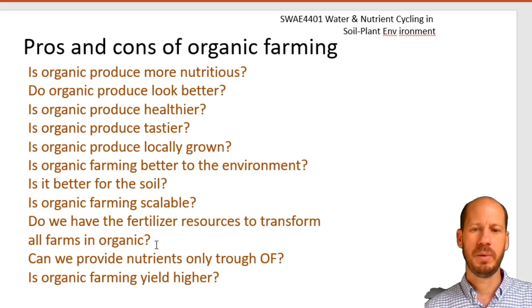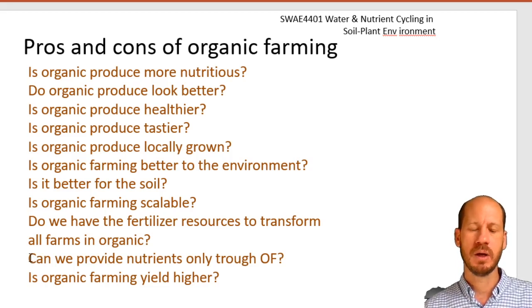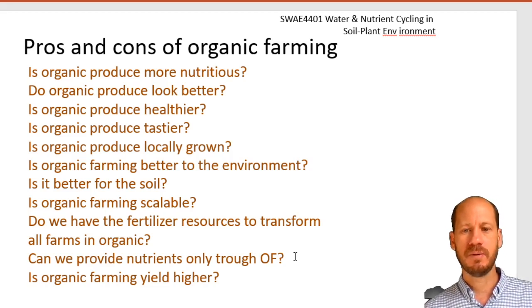It will be very difficult, mainly because it's very hard to provide all the nutrients we need for organic farming production for all the crops. There's no way, because most organic farms are dependent on the transfer and concentration of biomass from one area to another, and this is not sustainable in the sense that we cannot do this for the whole world.